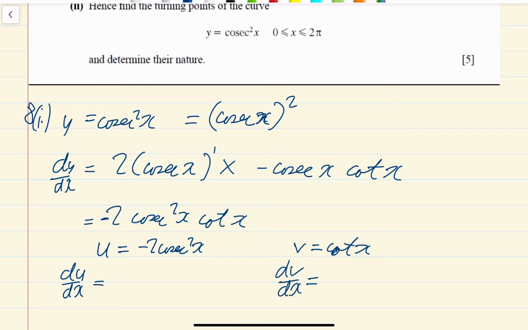So du by dx, and now we have just done this up above. We've shown if you differentiate cosec squared, I get minus 2 cosec squared cot x. So if I differentiate minus 2 cosec squared, I'll get plus 4 cosec squared x cot x. How I got that again: I differentiate this thing, and what I got was this.